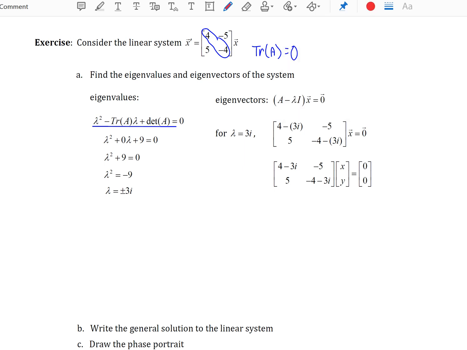And your determinant, the product of your main diagonal minus your off diagonal, would be negative 16 minus a negative 25, which ends up being positive 9. So with a trace that's 0 and a determinant that's 9, your characteristic polynomial looks like lambda squared plus 9 equals 0, which gives you eigenvalues of the form plus or minus 3i. Here you need to know that your alpha, the real part of your eigenvalue, is 0, and beta, the imaginary part of your eigenvalue, is 3.